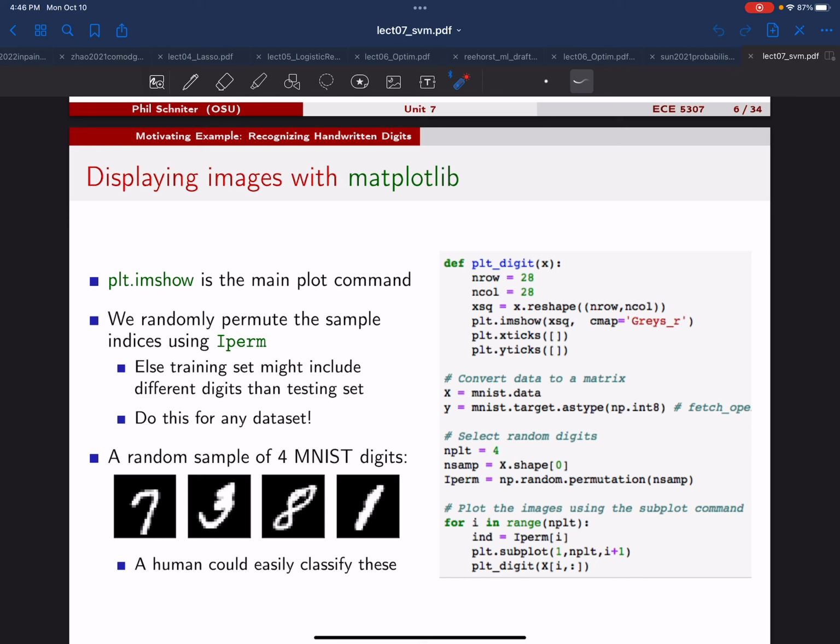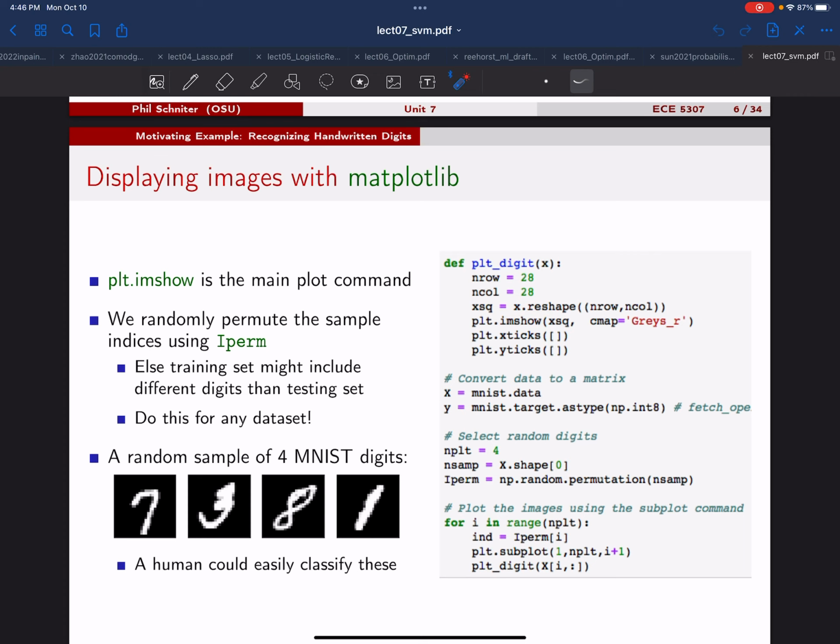The value of that number, ind, tells us the location in the original data set of the image we're going to plot. Then we make a subplot, an array of 4 horizontally, and we call our plot digit function. We extract the ith row of our big feature matrix, which is a vector, but as we know, it's reshaped to be a matrix and plotted.